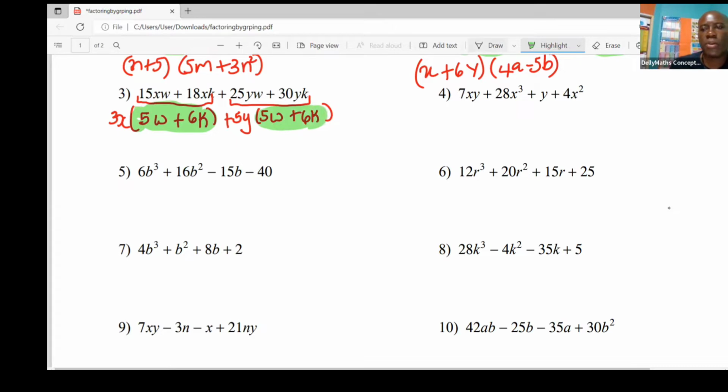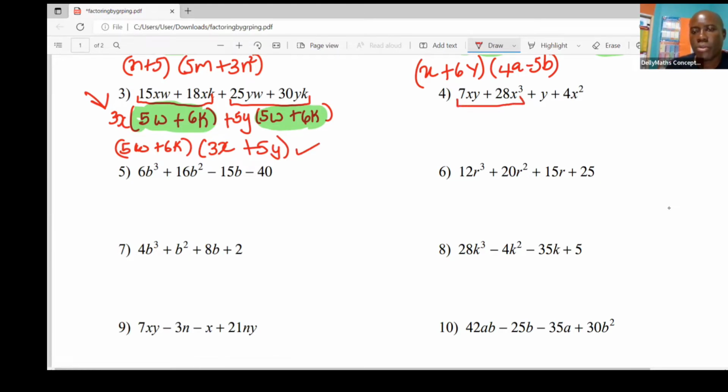So it means that we're on a good path. Let's write back one of these brackets. Basically, we're factorizing again. And if we factor out, we're going to get 3x coming from here and the positive 5y coming from the other side. Let's do the last one, number 4.